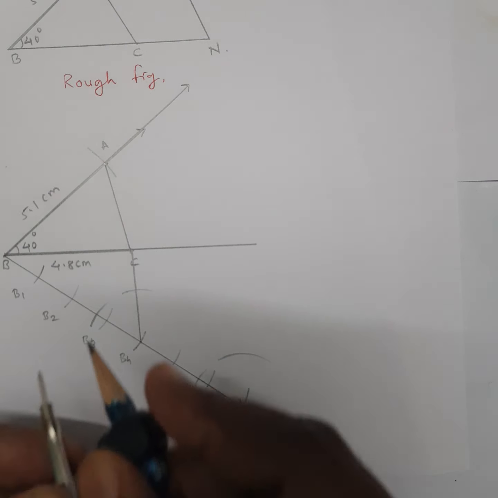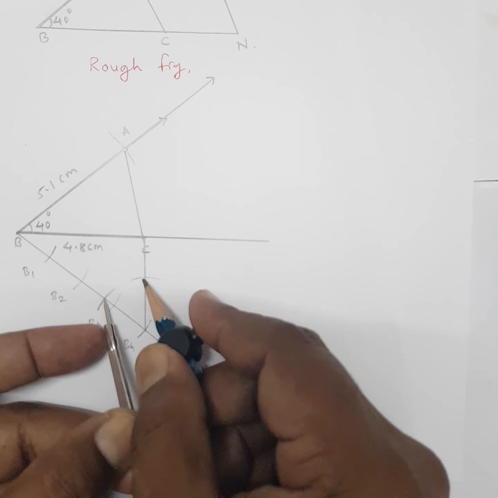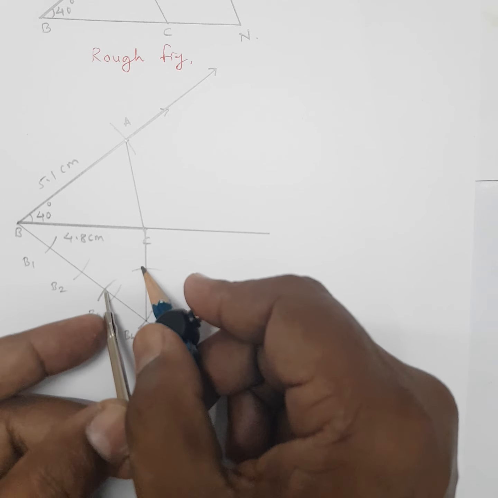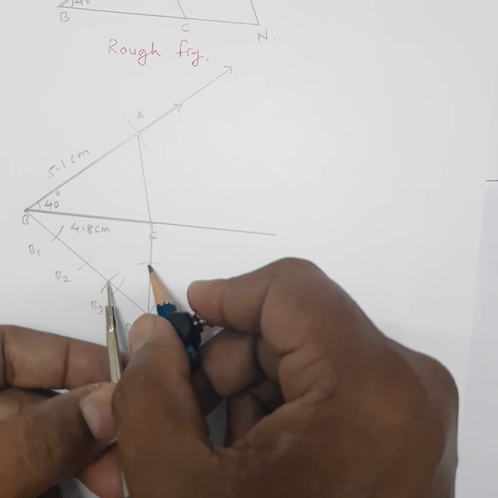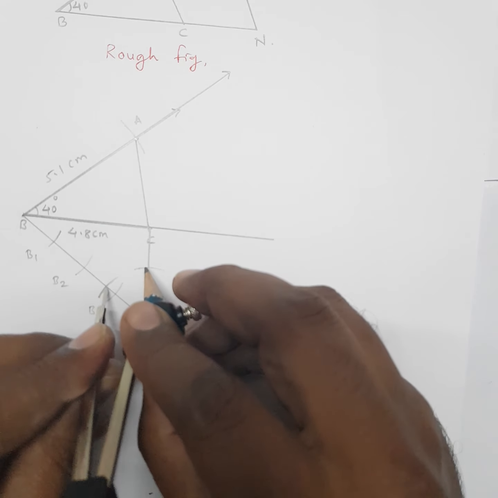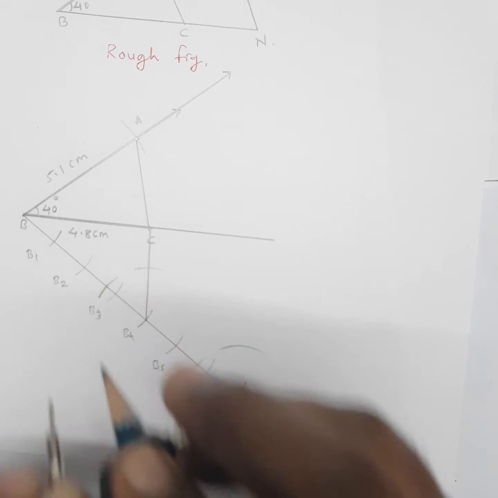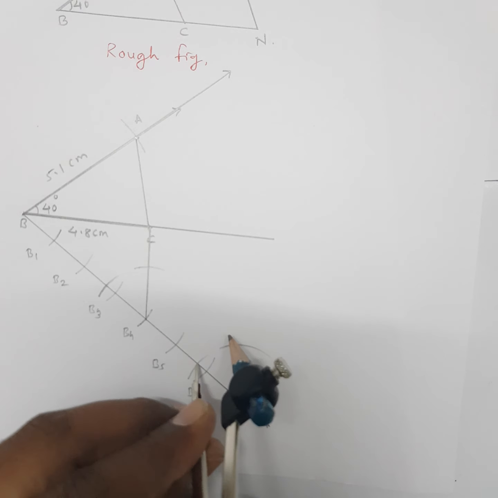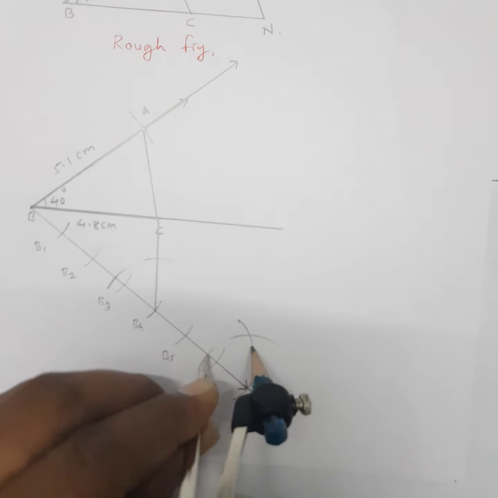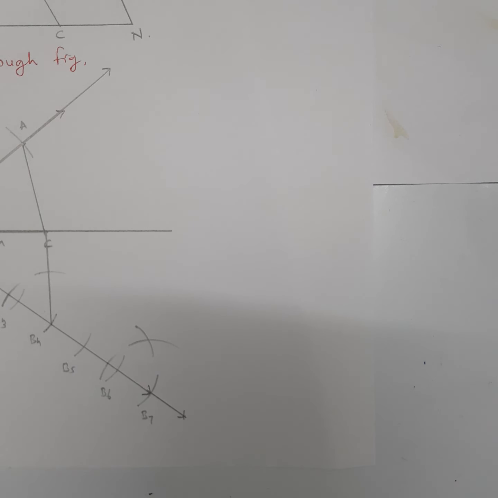Now take the distance between the two arcs intersecting the two sides. See here, it is the distance between 2 points. So draw here the intersecting point of two arcs.